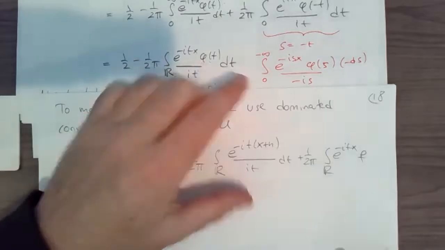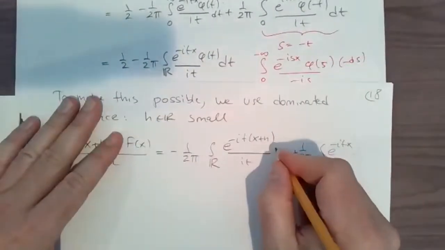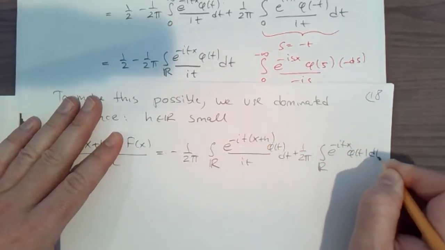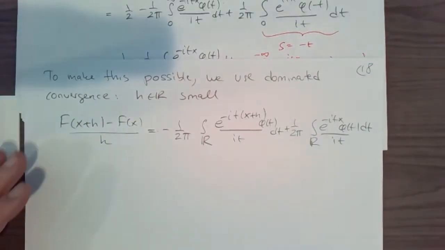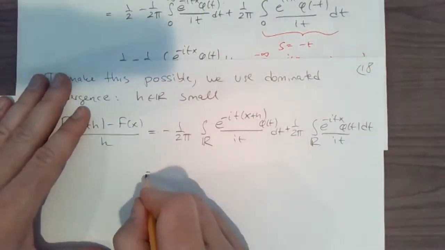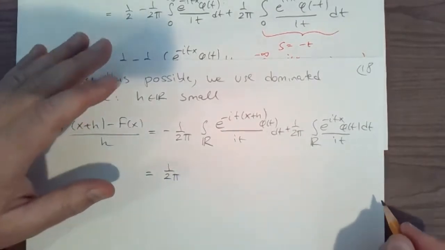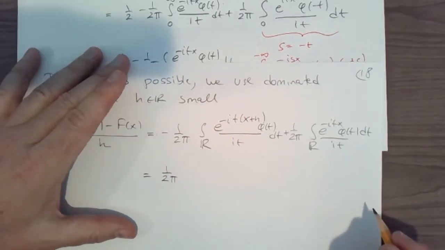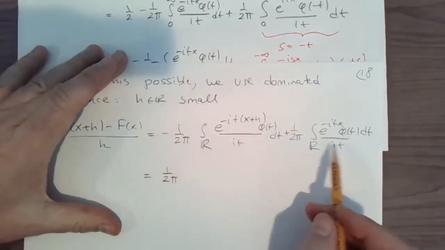There's a phi missing, right? There's a phi that should be there. Phi of t divided by it. Okay, we can combine these expressions. Combine these two expressions, this will be 1 over 2 pi.